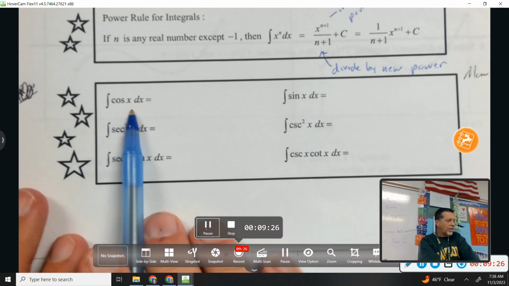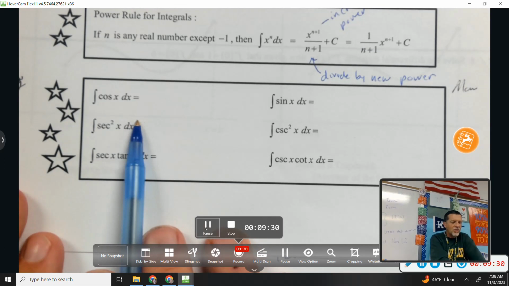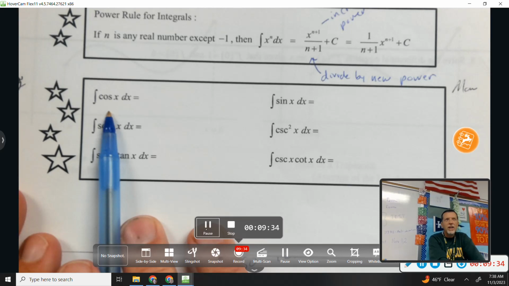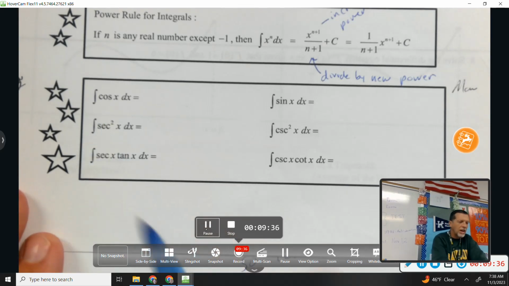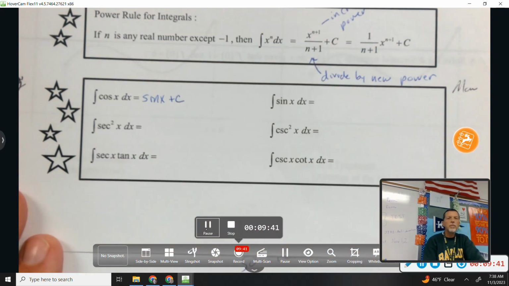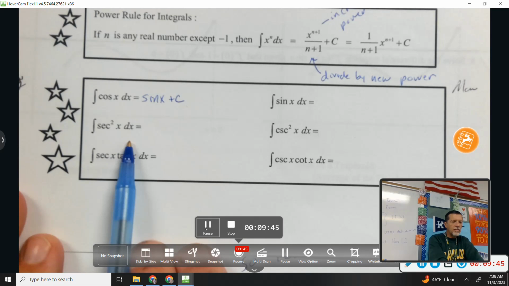All right, this box is starred, but I'm going to say you should know these. Who has a derivative of cosine? Sine. And then don't forget the plus c. Let's go down the left-hand column first.